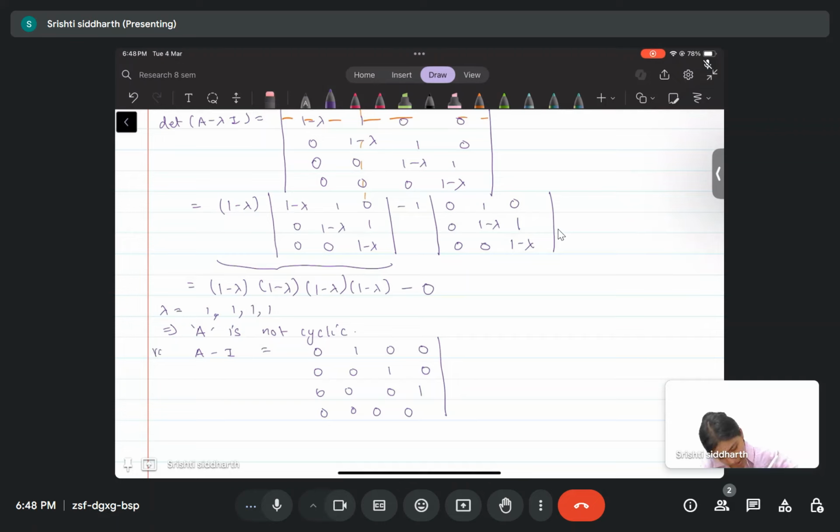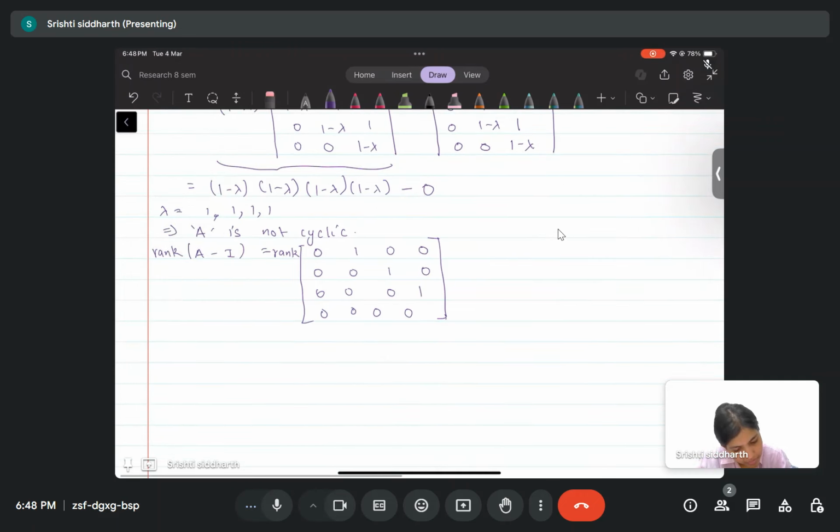So the rank of this matrix, because we are trying to apply the rank nullity theorem to find the dimension of that null space. You can see that there are three linearly independent rows, row 1, row 2, and row 3. So the rank is therefore 3.